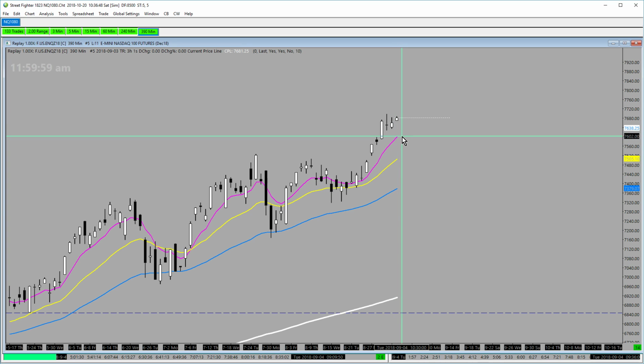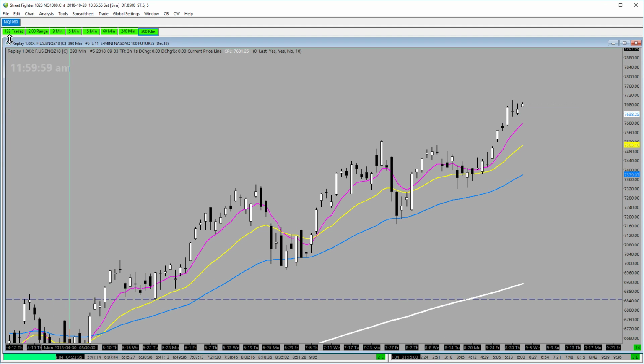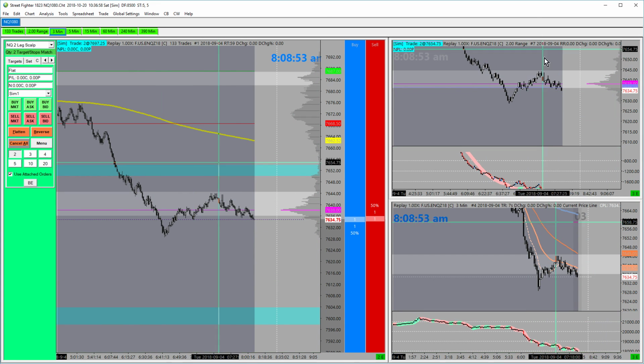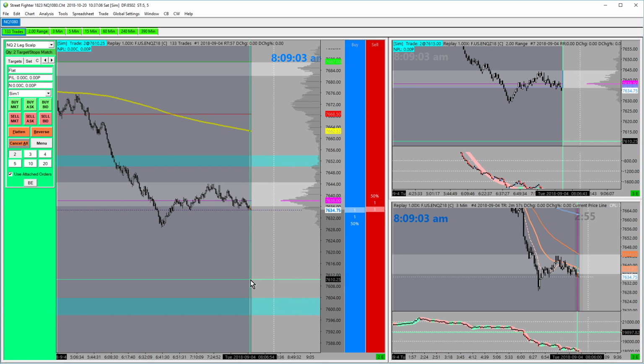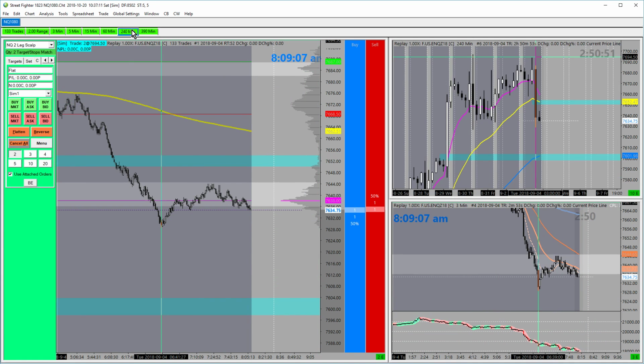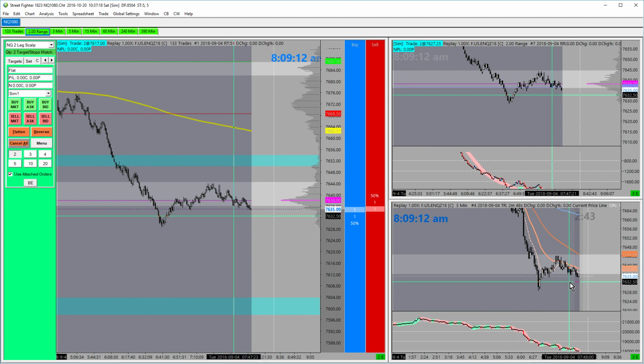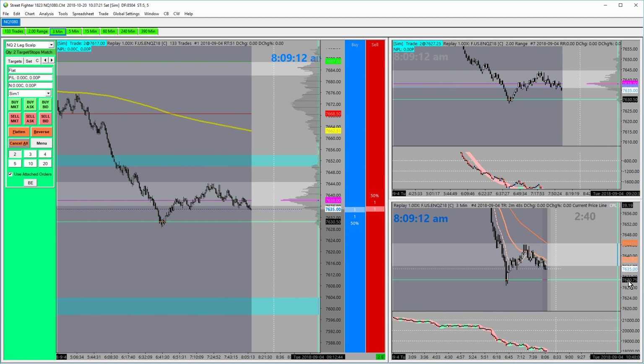Maybe to 76.02, which would be the 8 EMA area, but then we probably bounce. 76.02 is also this blue, which I think is the 240 minute 50 EMA. So that's great for a bounce, such a clear target there. Maybe I should try it. I mean, we're failing back out.